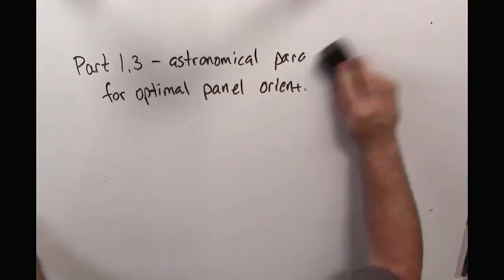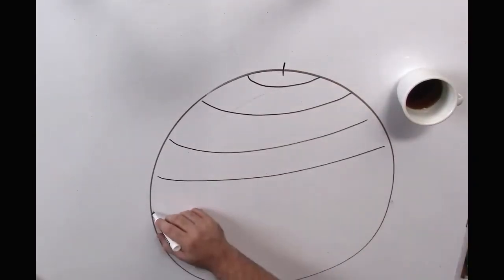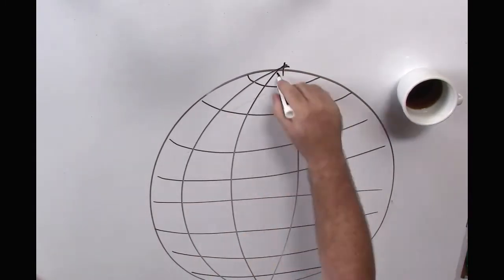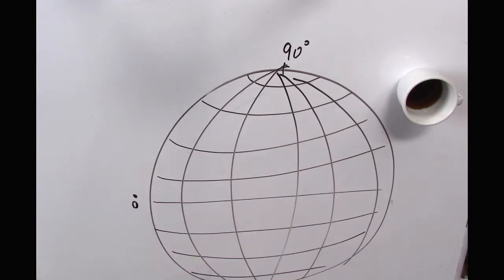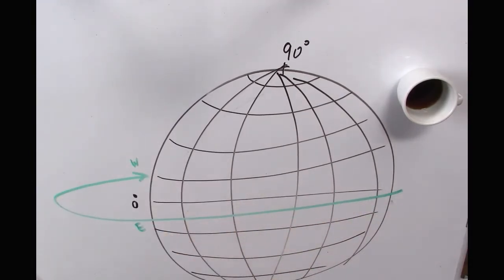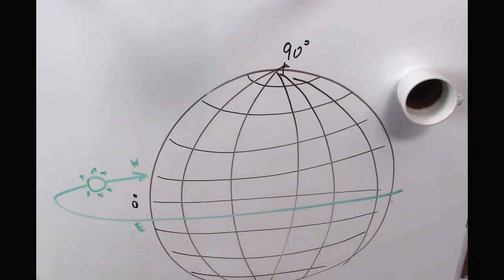The question that we're asking, though, is what solar panel orientation will provide for the best energy capture on a year-round basis? So let's consider the Earth. We've got lines of latitude and lines of longitude. Keep in mind that at the poles it's 90 degrees and at the equator it's 0 degrees. Let's assume it's the vernal equinox in the spring and the sun is directly over the equator.